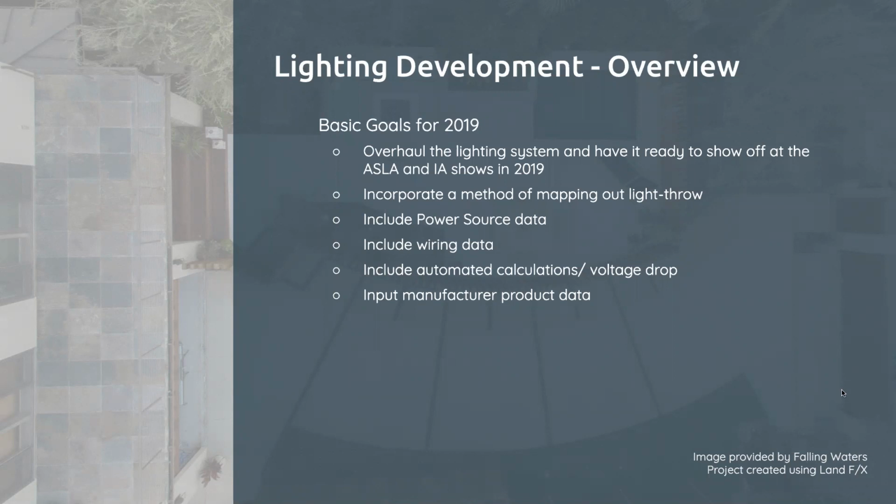And we needed to include power source and wiring data. And then we wanted to automate as much as we could, so having calculations be automated by the software would be a big benefit for our users. And then we wanted to input proper manufacturer project data, our product data.